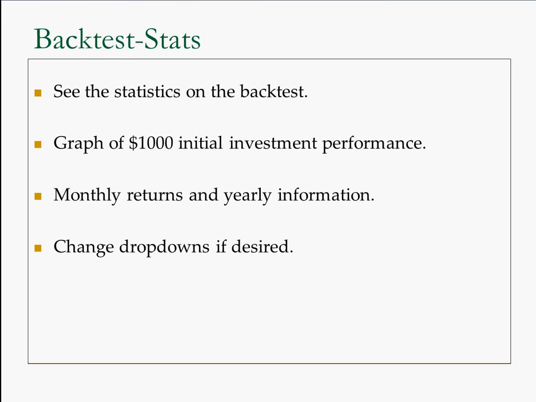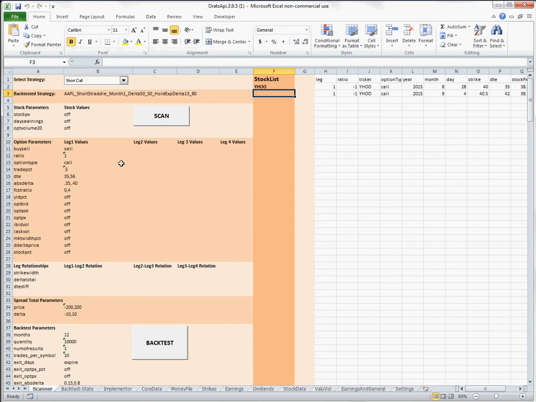So let's go into a sheet and do this. When you pull up the sheet in the scanner tab, you'll see the first thing is to select a strategy. We could choose any strategy here. We'll do a short call. This backtested strategy is from a different tab, so we'll ignore that for now.